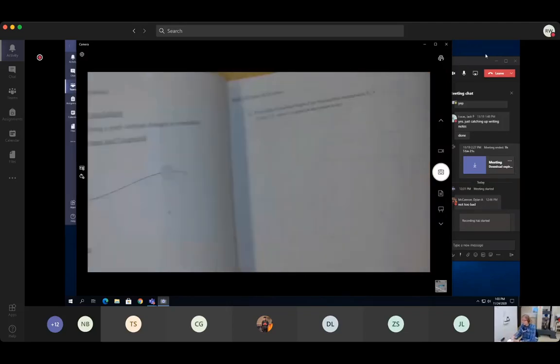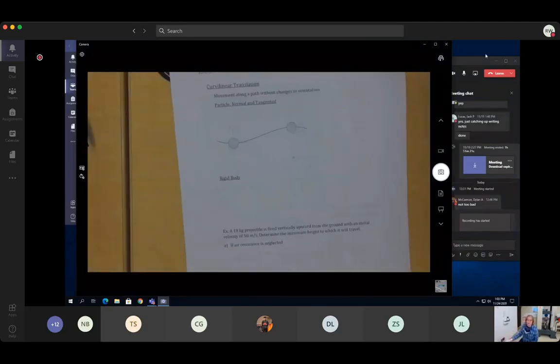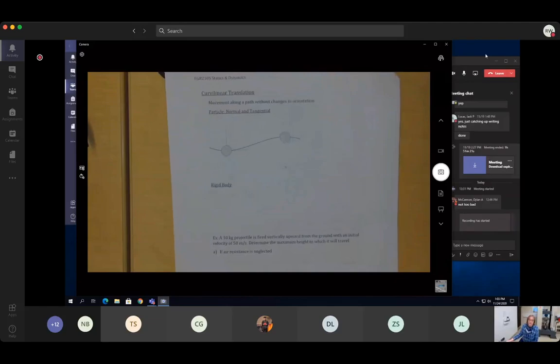All right, so then we can take a look at the curvilinear translation on the next page. So we've talked about this before, but essentially with curvilinear translation, we're looking at following a path that may or may not be a straight line. There may be all sorts of curves to it.